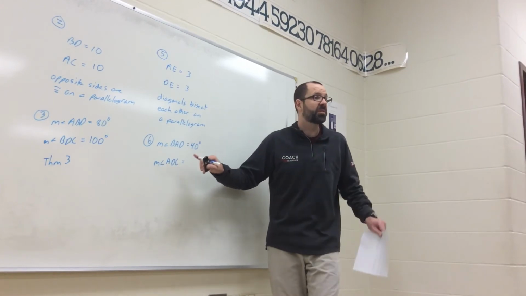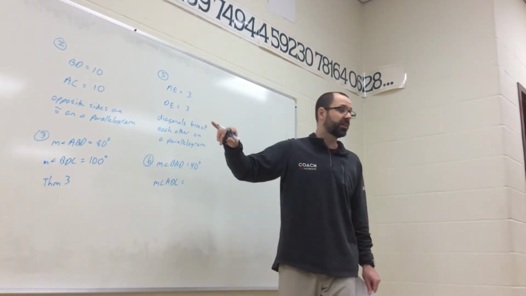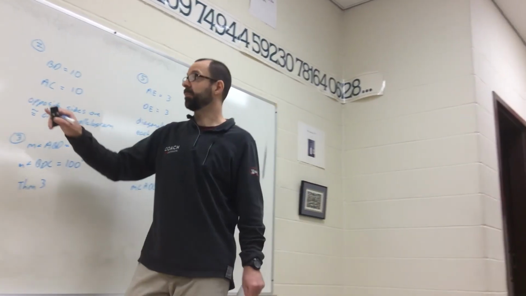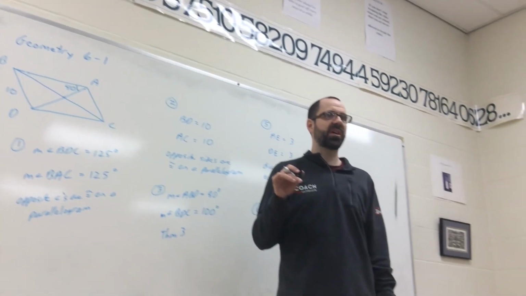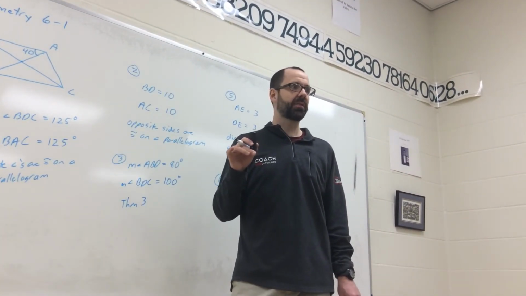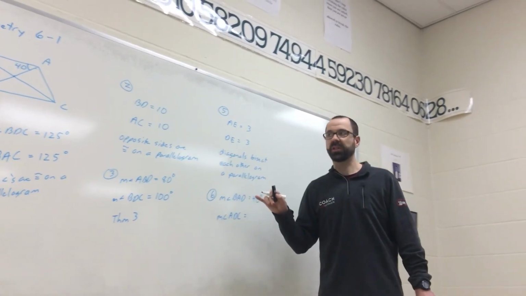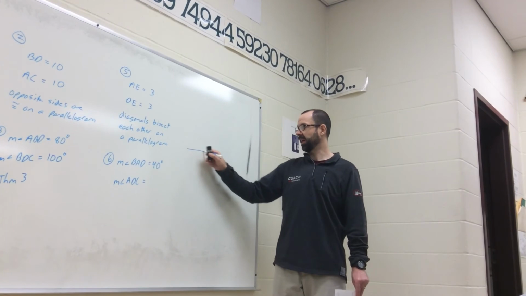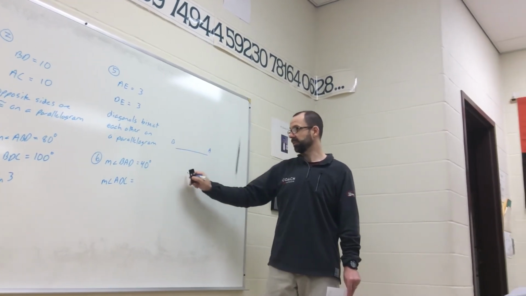Okay, so anyway, this problem is a little tricky because the theorems we talked about over there didn't say anything about this angle. They didn't say anything about the diagonals and the angles formed by the diagonals. So I'm going to redraw part of this picture. So here's BA, and then here's DC.